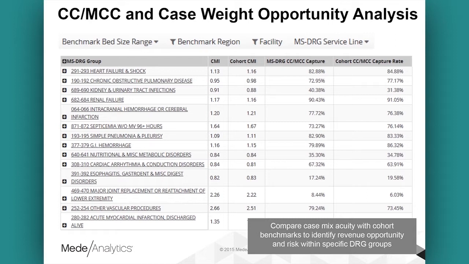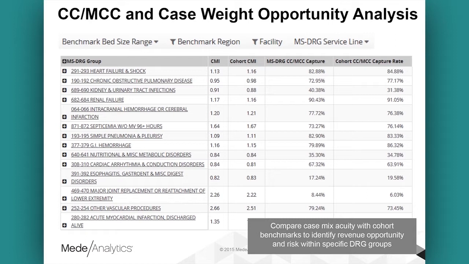So in this example, this organization has a slightly lower CC-MCC capture rate for that particular grouping of DRGs. And this could be sorted for the highest impact DRG groups, or the biggest variances, the biggest opportunities, the biggest risks by DRG group.